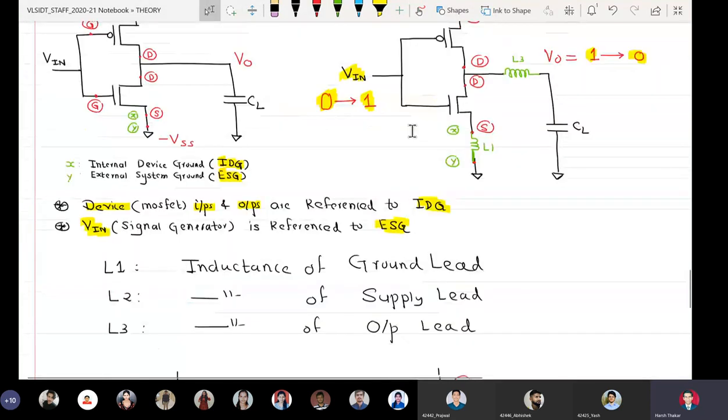Now I'm going to reproduce this particular part of the circuit. Only this much part of the circuit I am going to reproduce here.